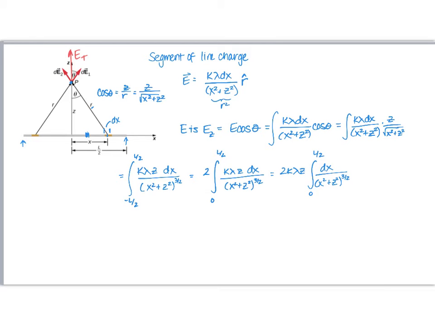Guaranteed, if you look it up, you could find a YouTube video that would tell you that this integral, if you did it, would be equal to x over z squared times 1 over the square root of x squared plus z squared. So we're going to just say that that part we've completed successfully, and we're going to go and sort of put everything together.